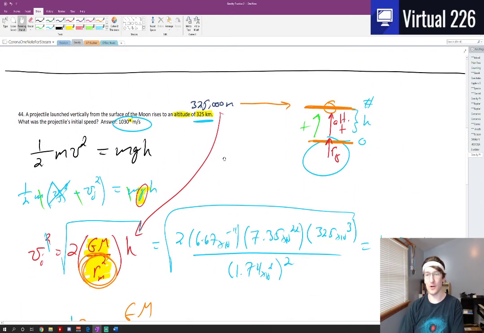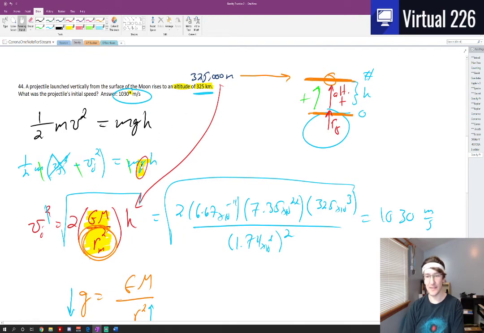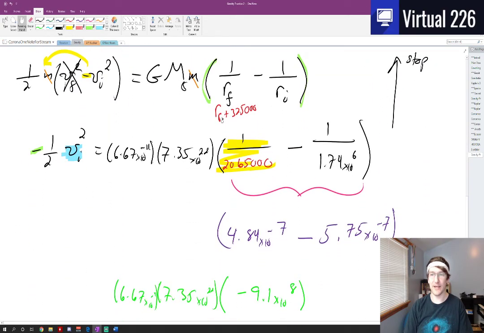So we needed about 100 meters per second less speed here than the original online answer, because they weren't considering that the gravitational field was changing as you elevated away from the lunar surface. That's where they got their 1030, which is technically wrong. We did the problem correctly by looking at potential energies at different positions and using this energy equation.